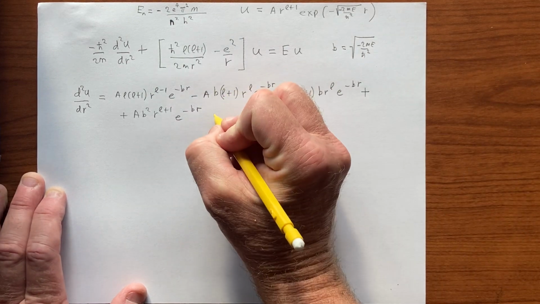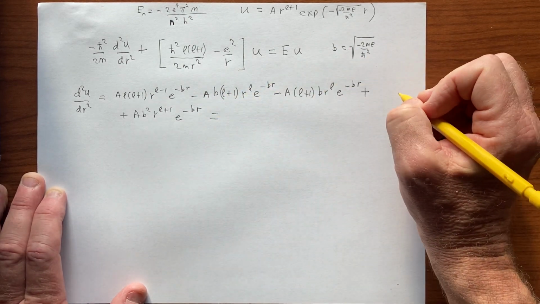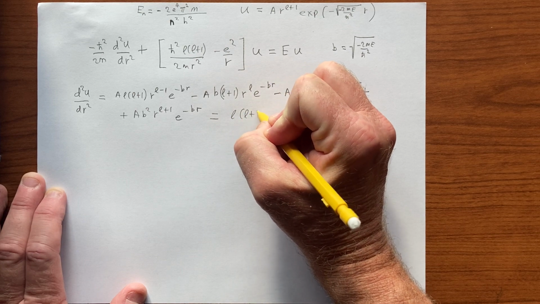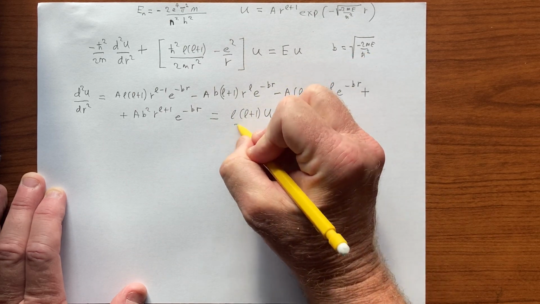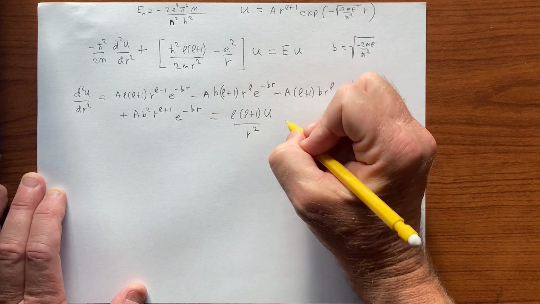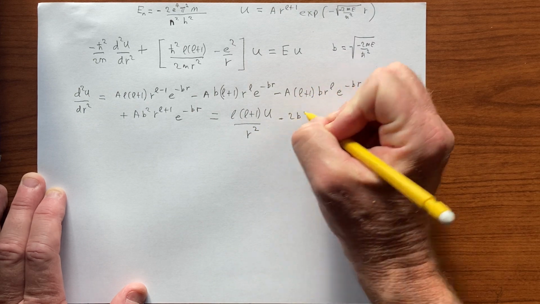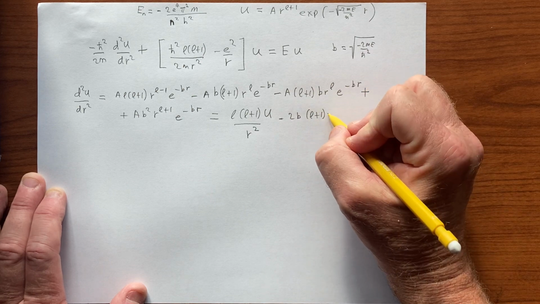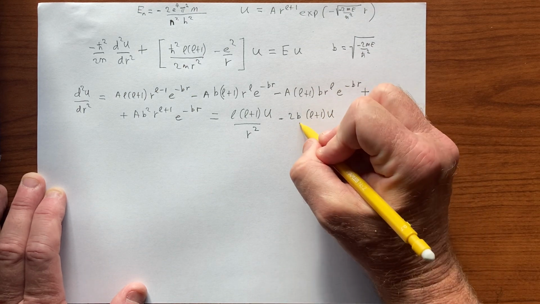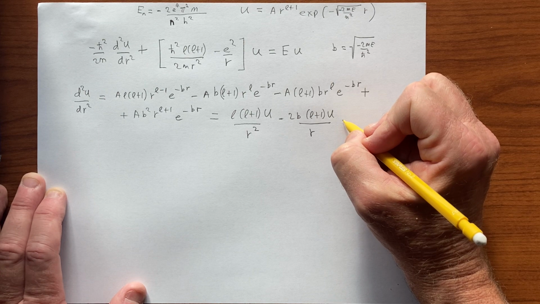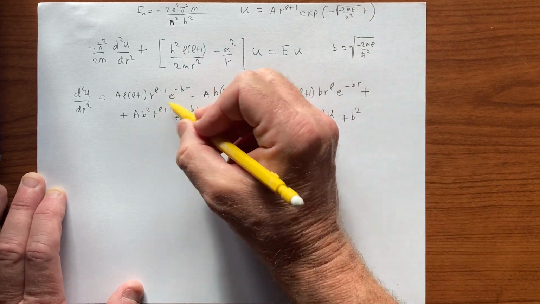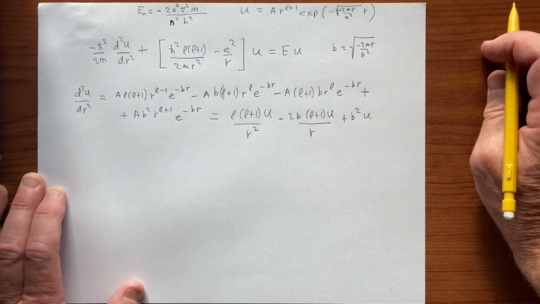Okay, and that's equal to L times L plus 1 u over r squared, minus 2b times L plus 1 times u over r, plus b squared times u.